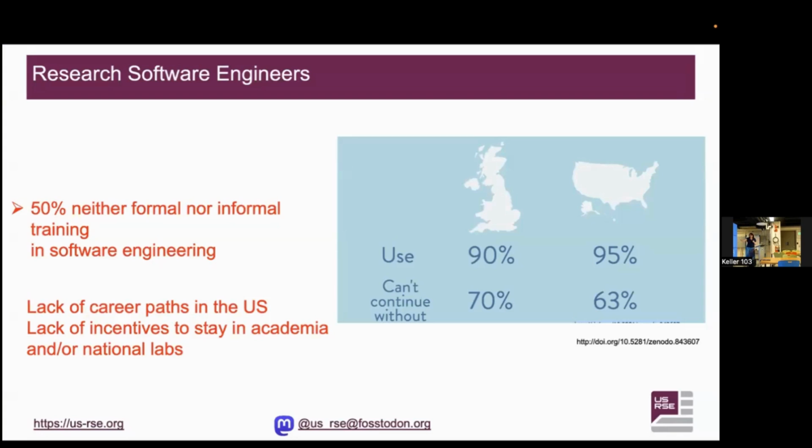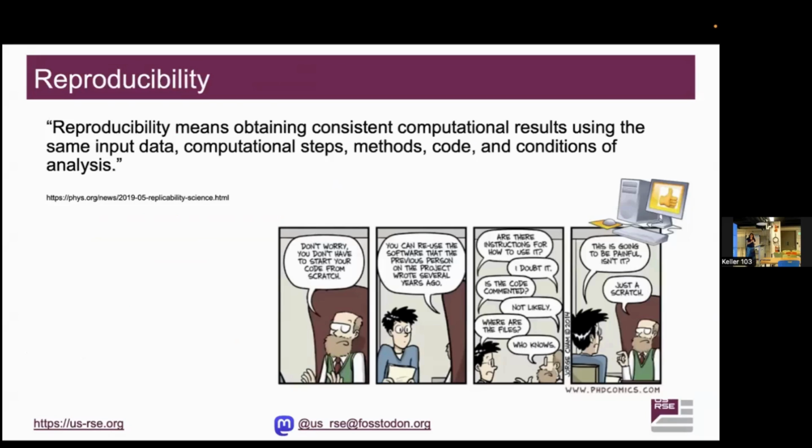And if you look at the US, 95% use research software, 63% cannot do their research without, but we have a lack of career paths in the US for research software engineers and lack of incentive for them to stay in academia and national labs.